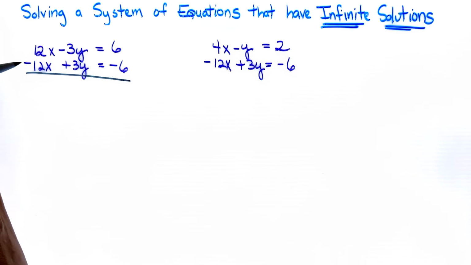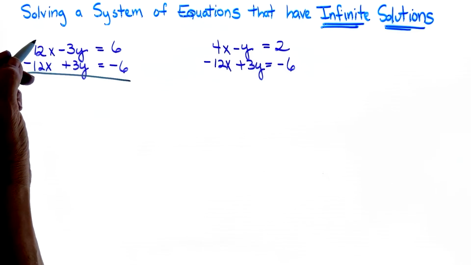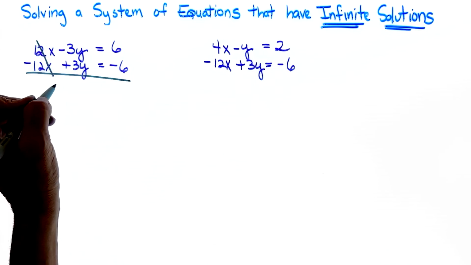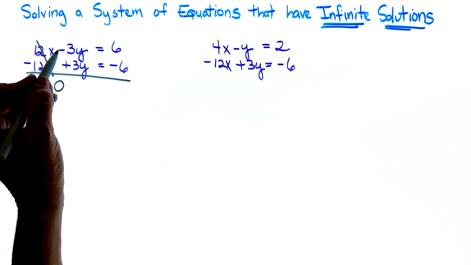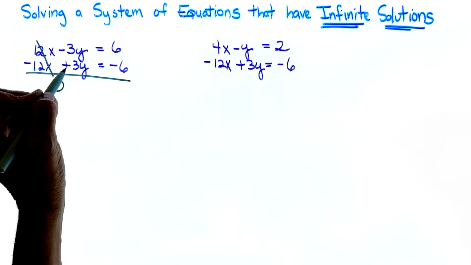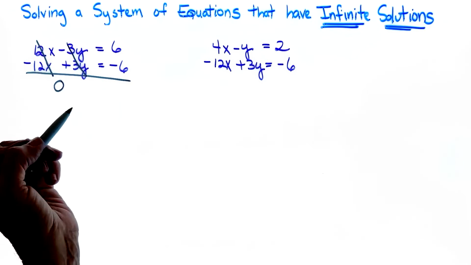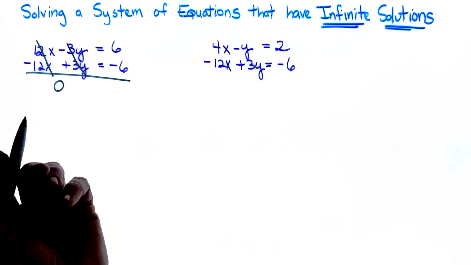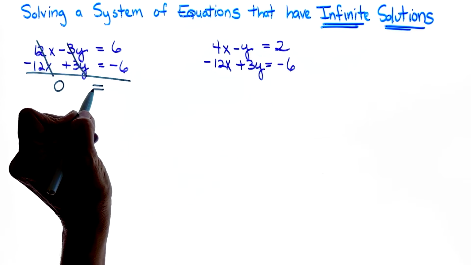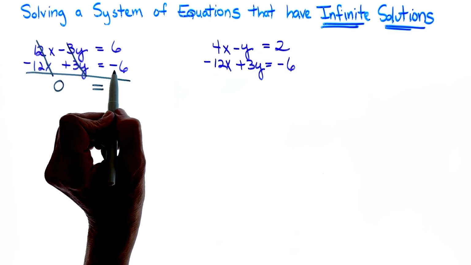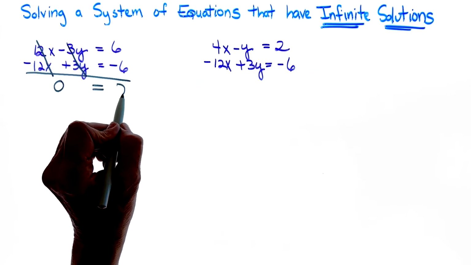So 12x minus 12x, oh, that's gone. That is a 0. And -3y plus 3y, that's also a 0. It's gone. I could write plus 0, but I don't have to. I have my 0 there. And on the other side of the equation, 6 minus 6 is equal to a 0.